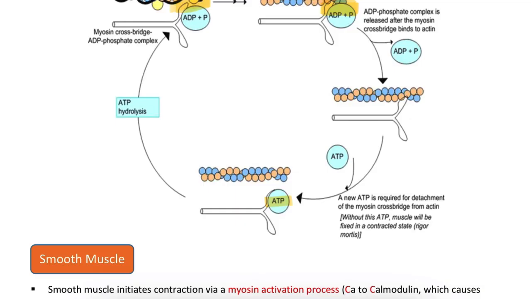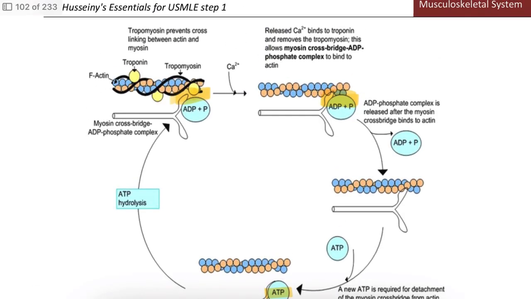In step 4, recocking, ATP is hydrolyzed and the myosin head returns to the cocked position, ready for another cycle. So step 1, step 2, step 3, then step 4. The cycle repeats as long as calcium is present and ATP is available.